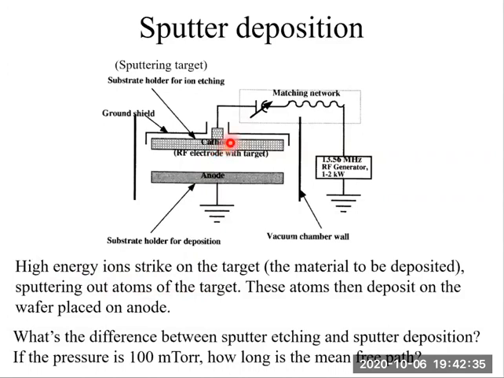That's the reason. And those high energy ions can sputter out atoms of the target based on momentum transfer, physical or ballistic momentum transfer. Then these sputtered out atoms deposit on the wafer placed on the anode.